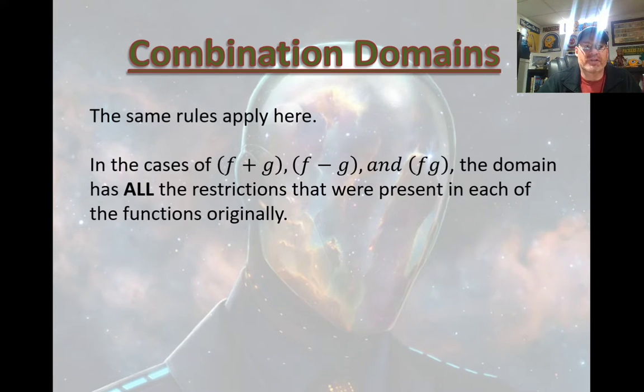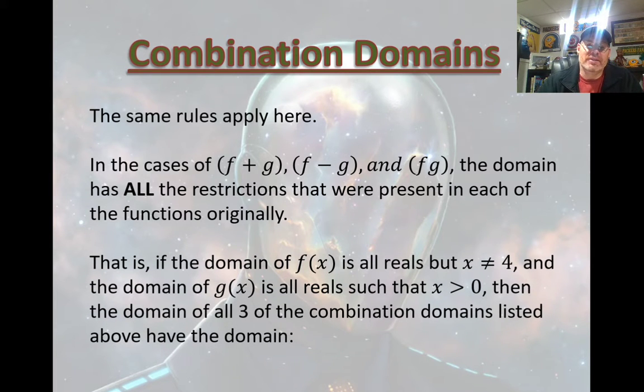If you think about the first three cases of arithmetic combinations, addition, subtraction, and multiplication, whatever the result is, it's going to share the same domain as what the original functions had. And I did say functions because you have to be conscious of both domains.